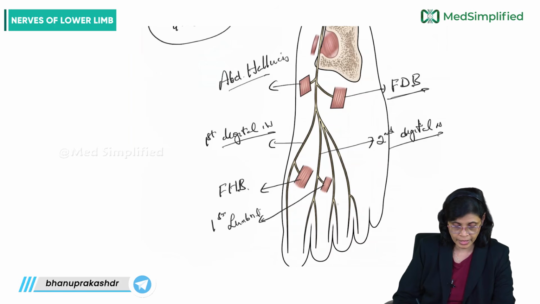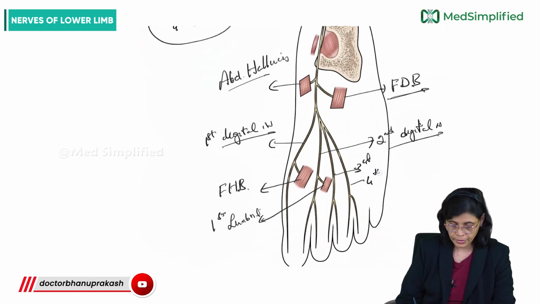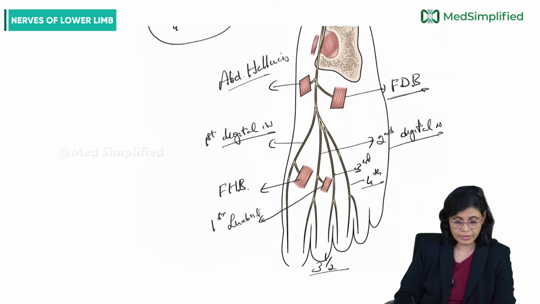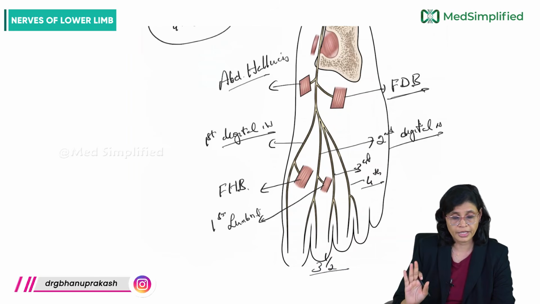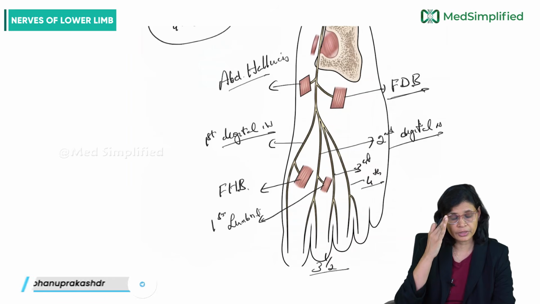Cutaneous branches: it gives four digital nerves, the first, second, third and fourth. These supply the skin on the medial aspect of the 3½ toes, similar to the distribution of the median nerve in the hand. Each digital nerve also supplies the dorsum up to the terminal phalanx, along the nail beds.